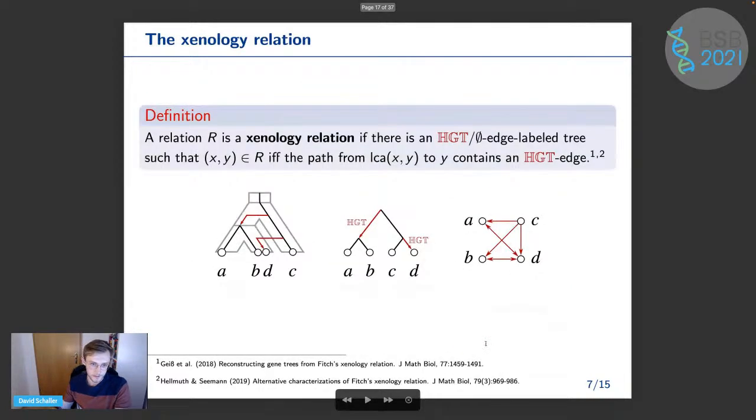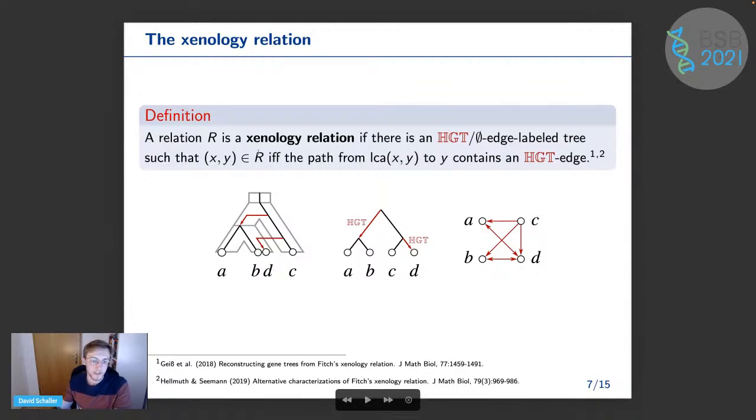Let's now turn to xenology. This is also defined in terms of labeled gene trees, except now we have an edge labeling, and we label every edge either as a transfer edge or as a non-transfer edge. So we end up with edge-labeled trees that look like this. So this is simply an illustration of how a corresponding scenario could look.